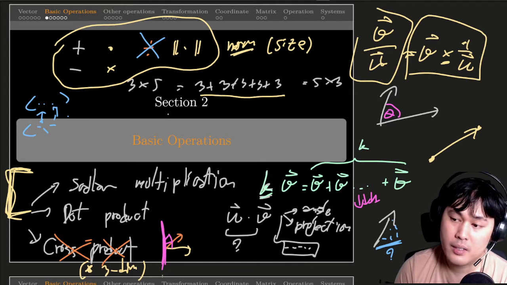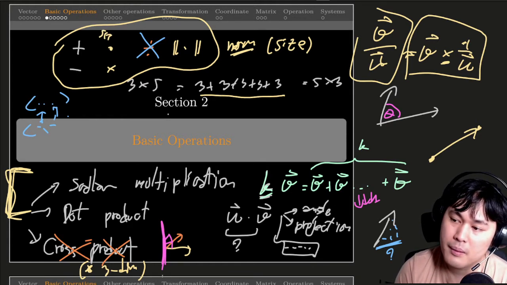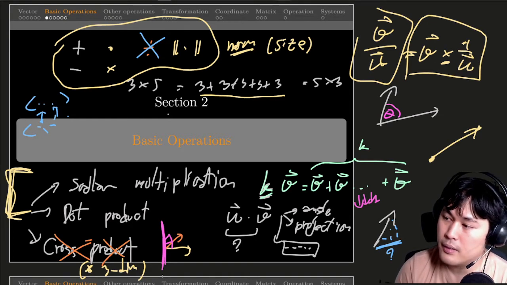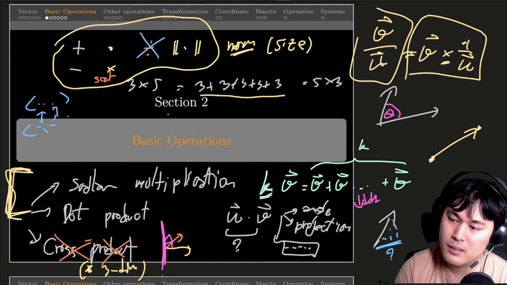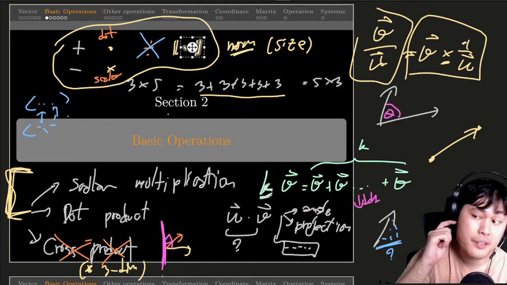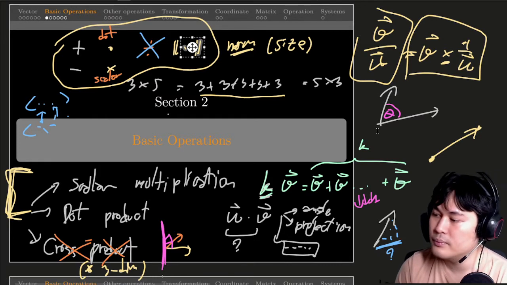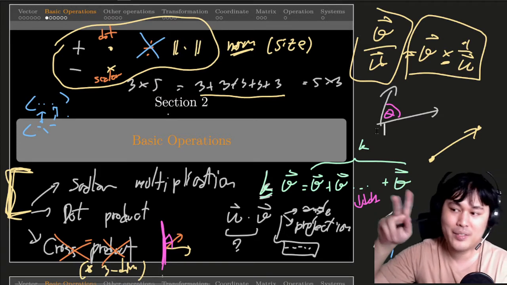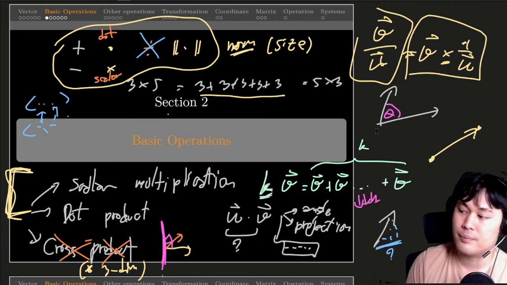Addition, subtraction, scalar multiplication, the dot product, and the norm.